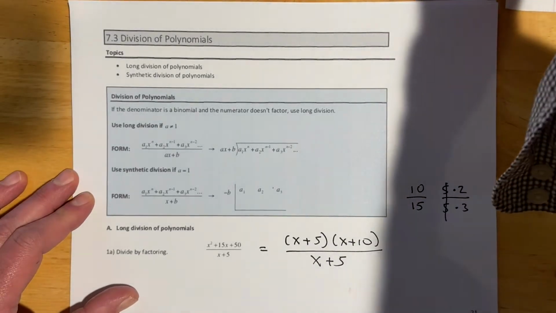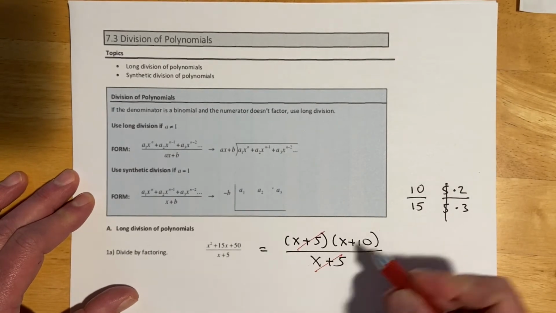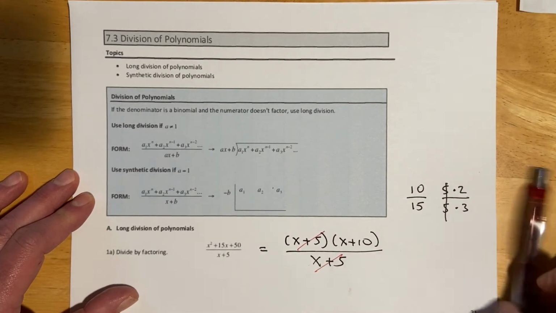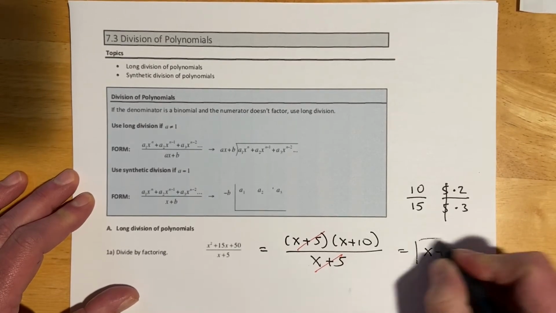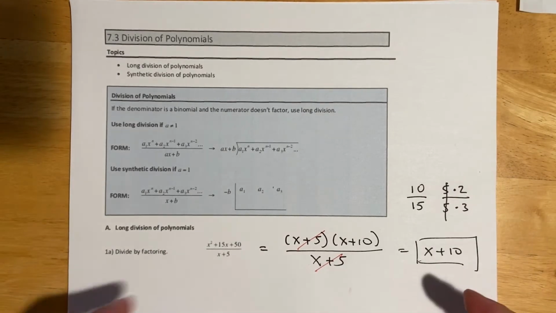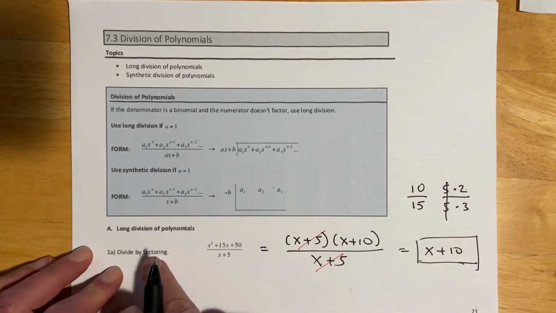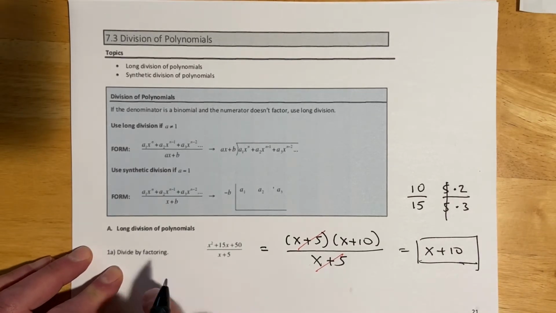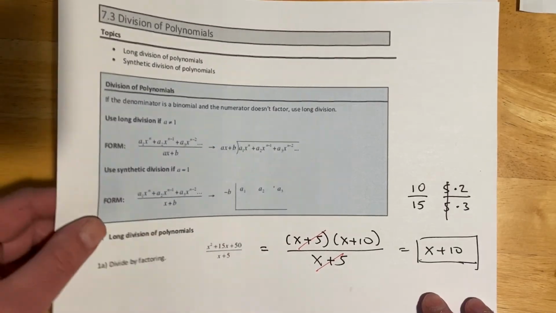And so then you can see x plus 5 over x plus 5 would equal 1. And so then what's left is x plus 10. So if factoring is available and the factoring is pretty straightforward, this is a pretty good way to do this problem. And like I said, we'll actually start the next chapter with this method. But that's just previewing a little bit.